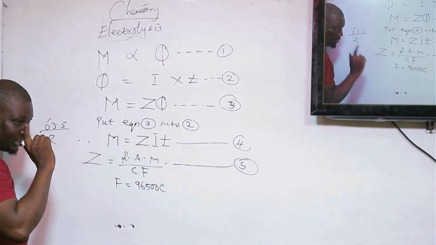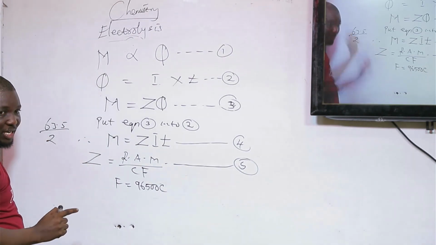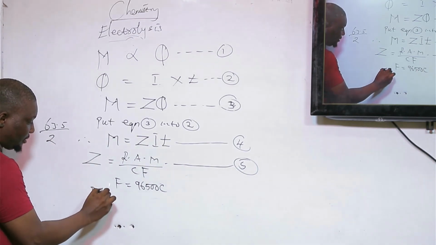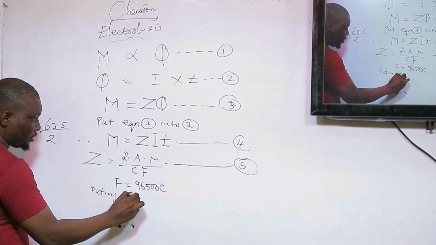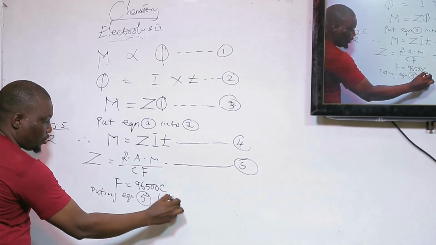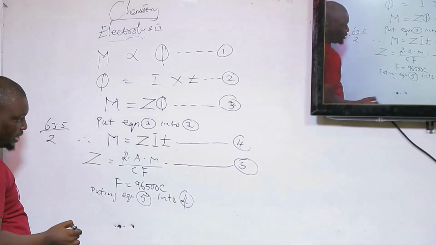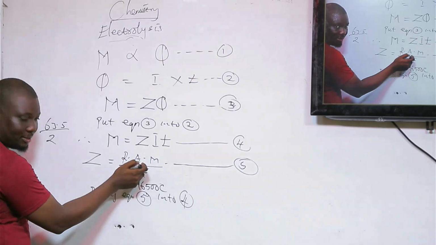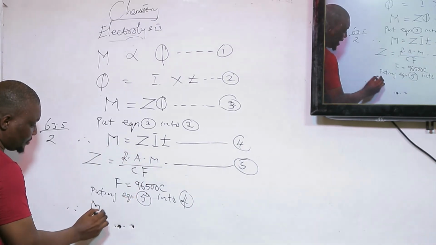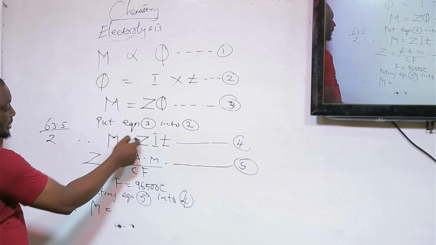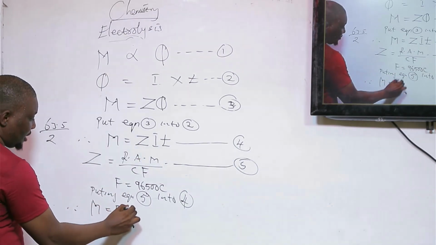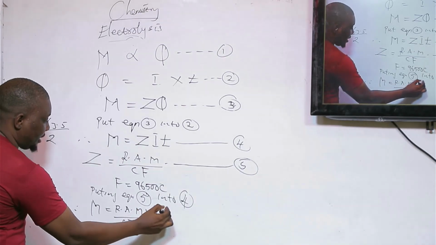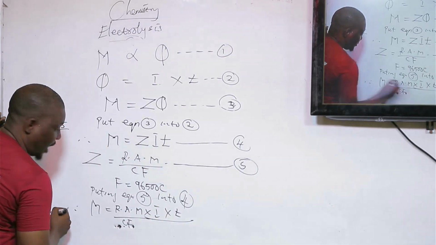So I'm going to get the very complete Faraday's first law by putting equation 5 into equation 4. Anywhere I see Z, I'll now say Z is RAM over C times F. Therefore, M equals RAM over C F times I times T. Are you with me now?